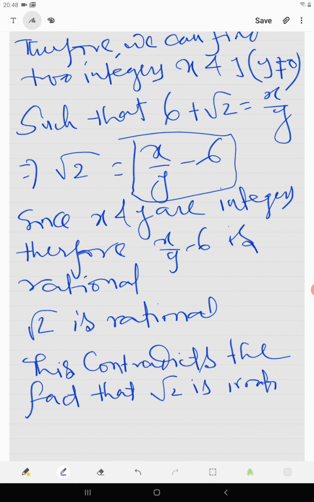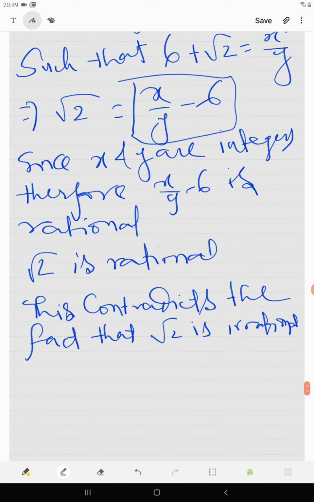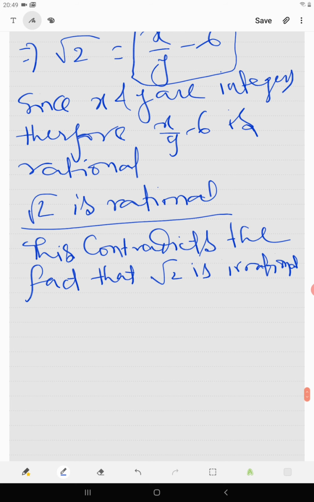Correct? Because we know anything inside the root is irrational. But what we have got is that root 2 is rational. So this contradicts our normal thing, I mean, which we know. The fact we know is root 2 is irrational. But what we got is root 2 is rational. Hence we contradict.